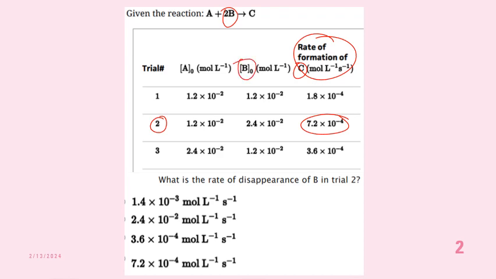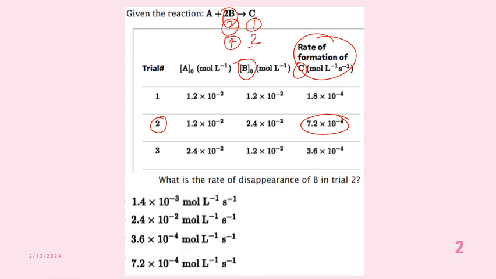Okay, so for that one, what I have to do is look in the equation at the stoichiometric relationship between B and C, that is going to be 2 and 1. So that means if we are getting 1 mole of C, we have to say that 2 moles of B is disappearing. So we have to say double of that.